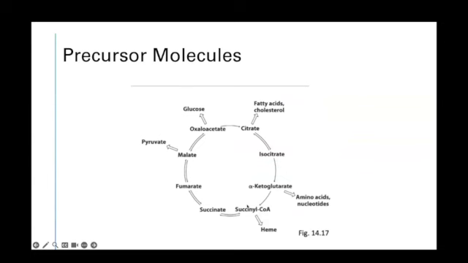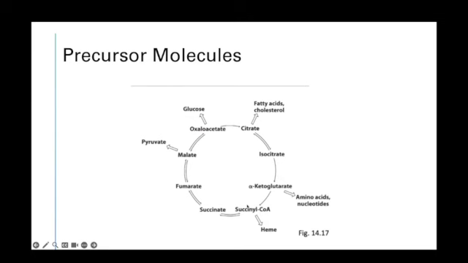All right, and one last characteristic of the citric acid cycle is that many of the citric acid cycle intermediates are precursors for other molecules. 6 of the 8 molecules used in the citric acid cycle can be used in other pathways as well. For example, glutamate is a precursor for glutamine, arginine, and proline, and can also be used as a precursor for purine and pyrimidine nucleotides, and it can be synthesized from alpha ketoglutarate.